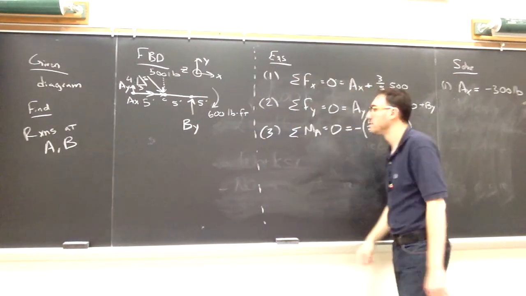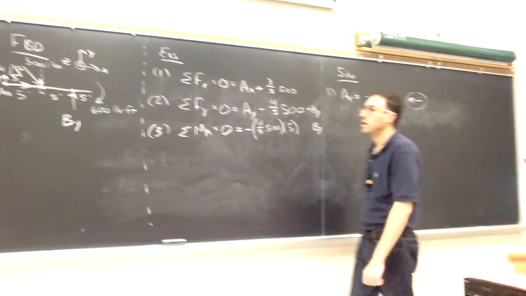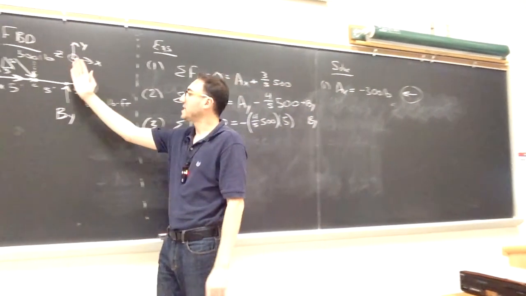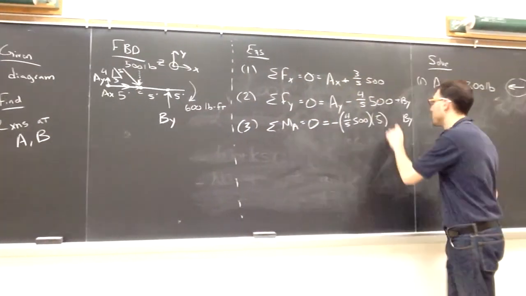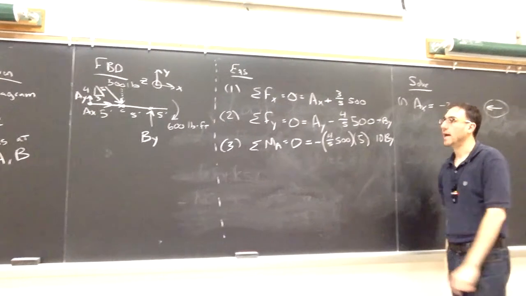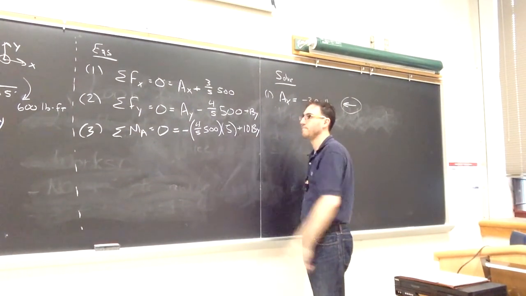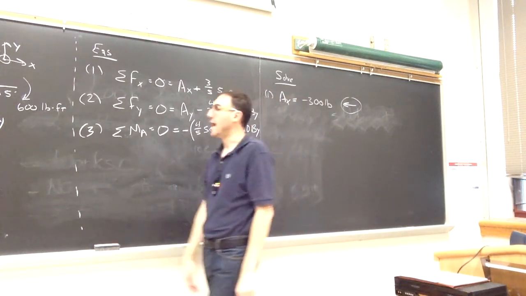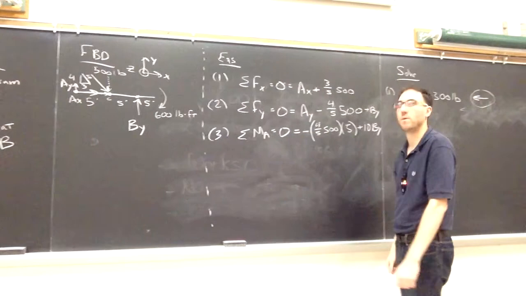BY is already vertical. So I have to multiply it by its perpendicular distance to A, which is going to be 10. And is that positive or negative around A? And now this is where I include my 600-pound-foot couple.